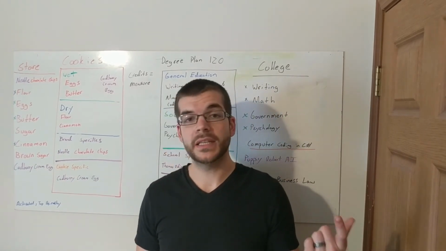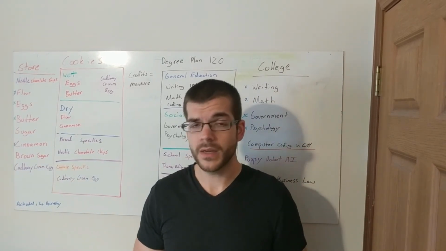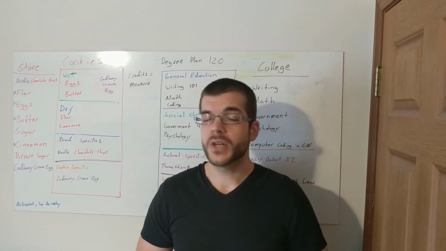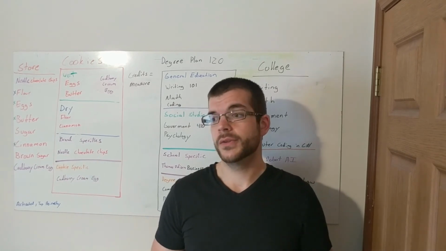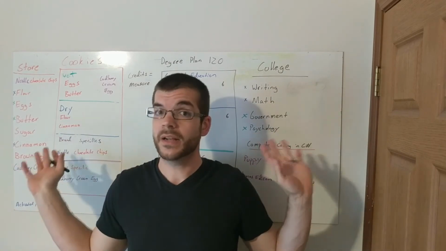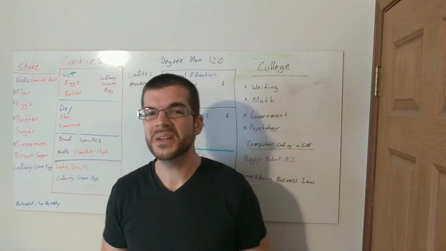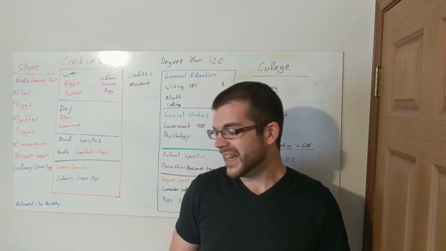I'll post the link to my own degree plan in the description of this video so that you can take a look at it. I've tried to break it down really carefully, so I kept things in the main list and subcategories. There are subcategories in my degree plan, so watch out for that.